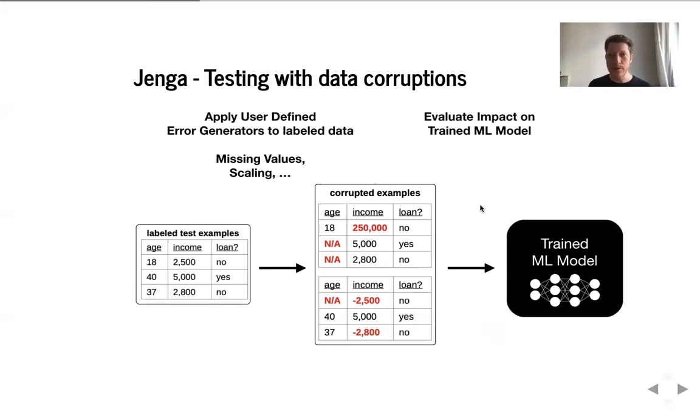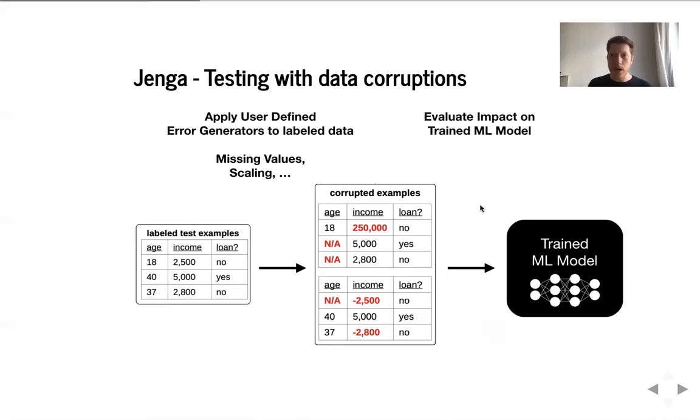In other application domains, like computer vision, applying corruptions is also a standard procedure to regularize your model and make it invariant with respect to certain errors. For instance, people rotate and crop their images to make their models invariant with respect to those transformations.